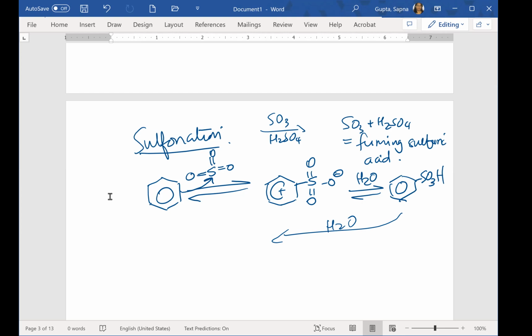The only thing it does for a benzene ring is it provides polarity. The benzene ring by itself is a hydrocarbon, C6H6. It's a very non-polar substance. So when you add a sulfonyl group to the benzene ring, it changes its property to being a little bit more polar, having a dipole moment.